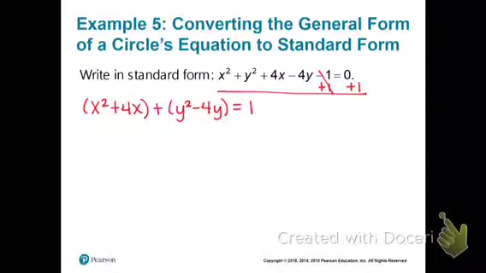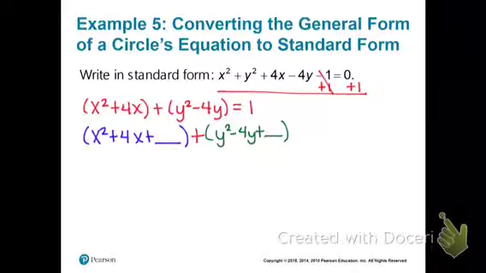Now we're going to do completing the square. So let's go ahead and add our blanks. In this first parenthesis, we're going to have x squared plus 4x plus a blank, because I want to make that into a perfect square so I can factor it and get that x minus h squared. Plus, in the second parenthesis, we're going to have y squared minus 4y plus a blank, because I want to make that into a perfect square so I can get that y minus k squared out of it.